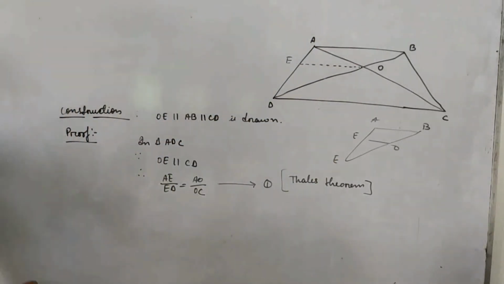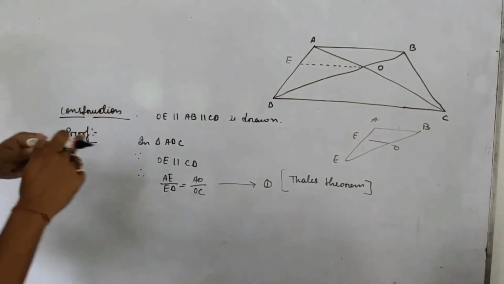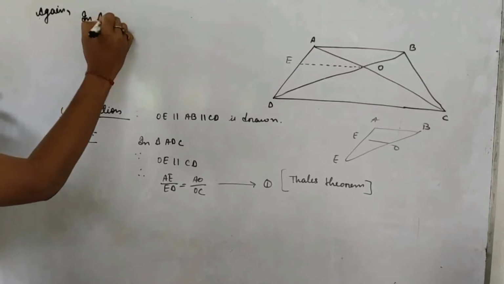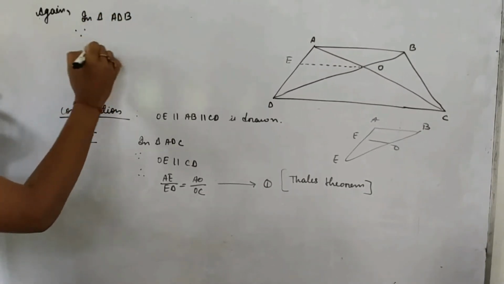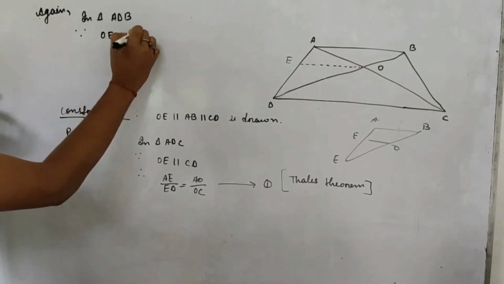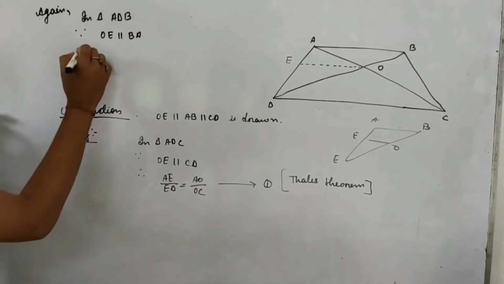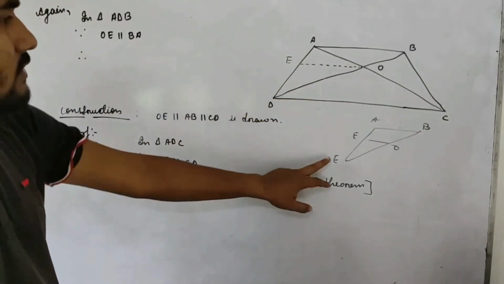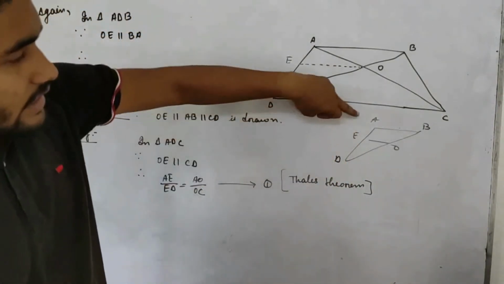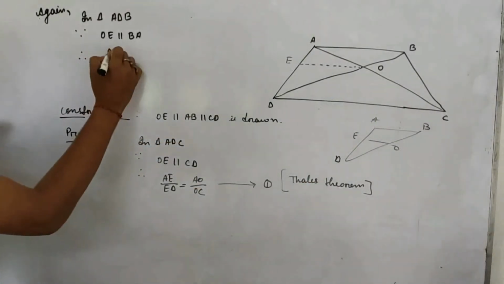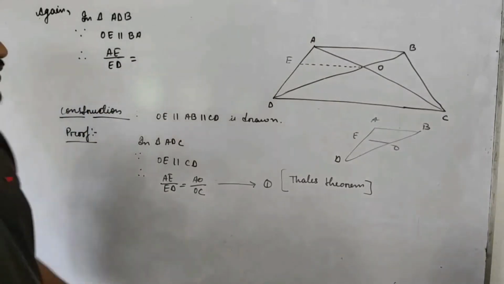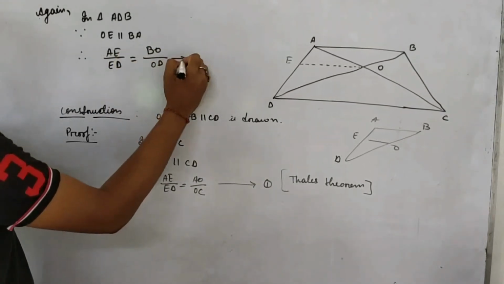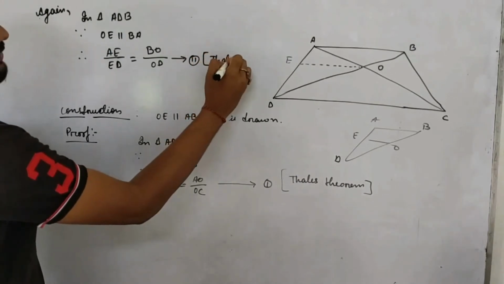So again I can say, in triangle ADB, since OE is parallel to BA, therefore I can say that AE by ED will be equal to BO by OD. This is D, not E. So AE by ED equals BO by OD. Equation number 2, by Thales theorem.